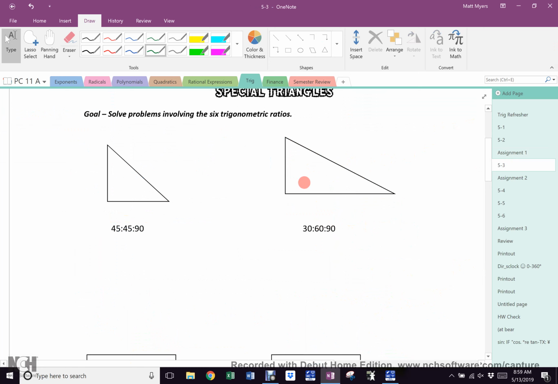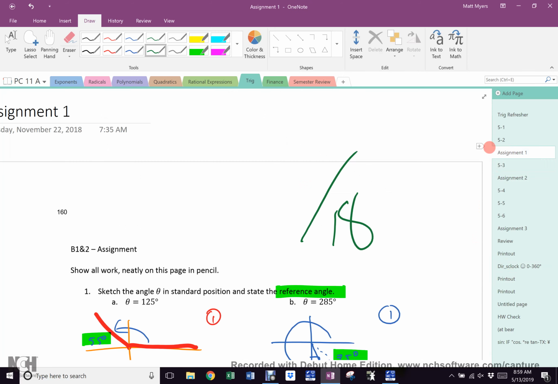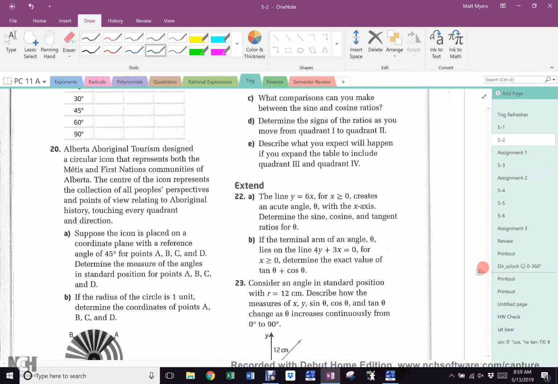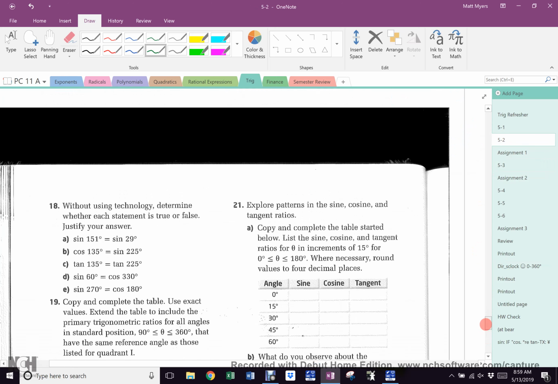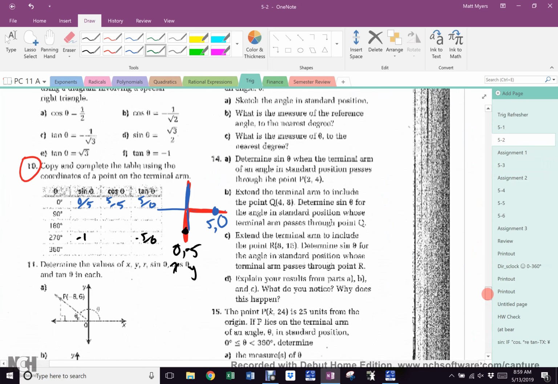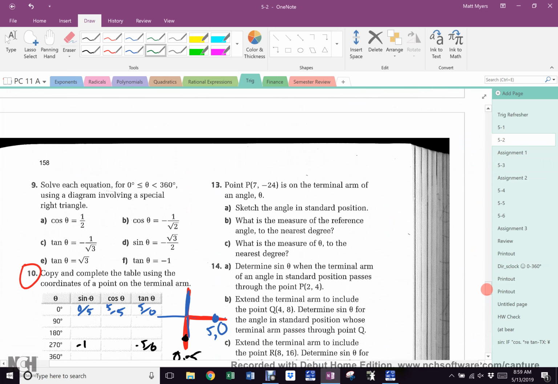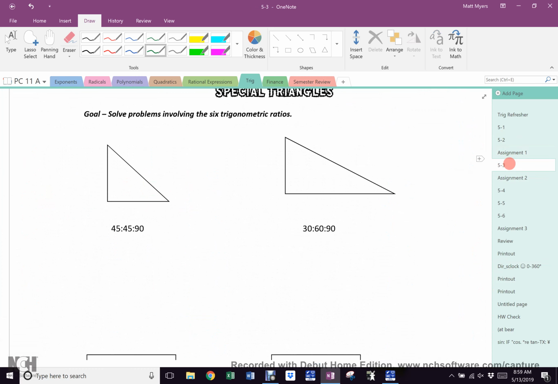No, not in this class. But if you did your homework, you saw it on page 158. Special triangle. Which means you could go back and do this now, right?